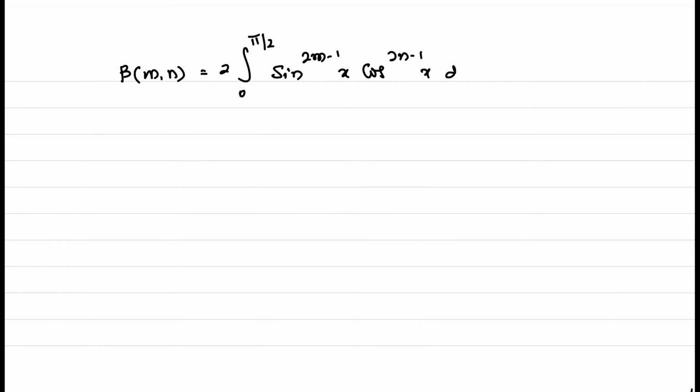Here what we have to find out, Beta(m, n) is given as 2 into the integral from 0 to pi by 2 of sin to the power of (2m minus 1)x cos to the power of (2n minus 1)x dx.